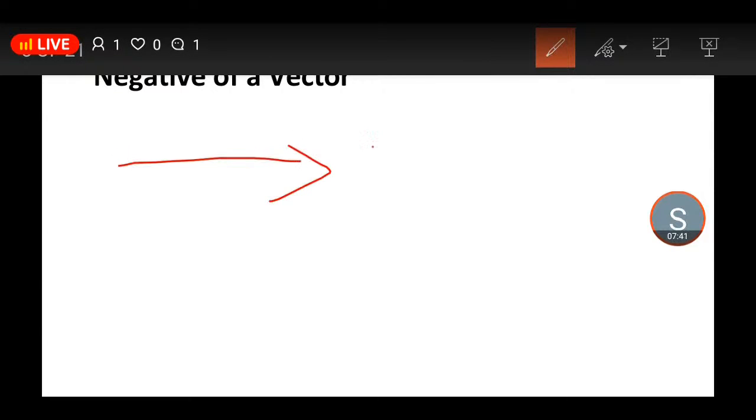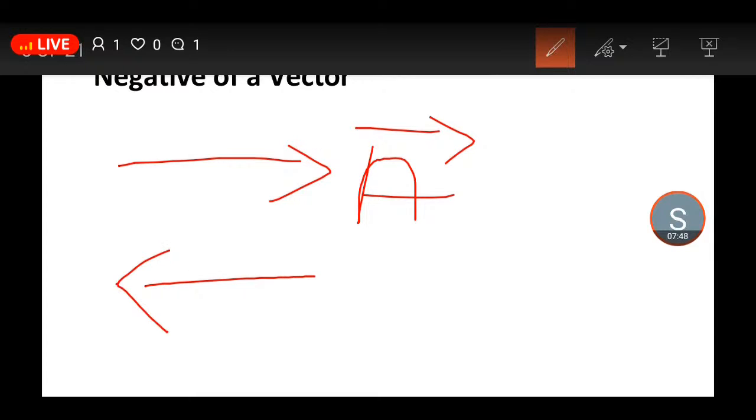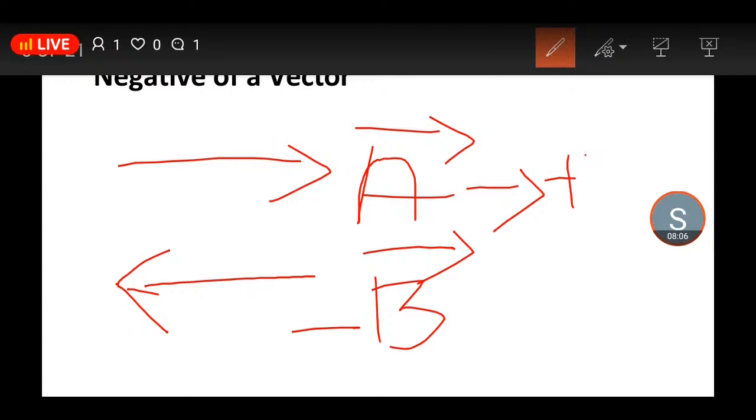Take a vector A, take a vector B of the same magnitude, that is the same length, and name it vector B. This is called a negative vector, and a negative vector is represented as minus B. If you take this as positive, this will surely become negative, right? That is the convention which we follow.